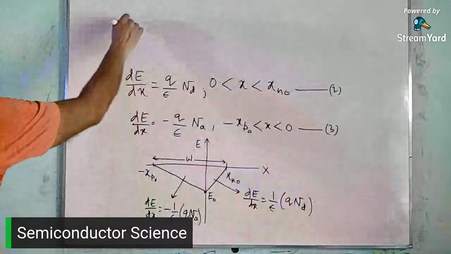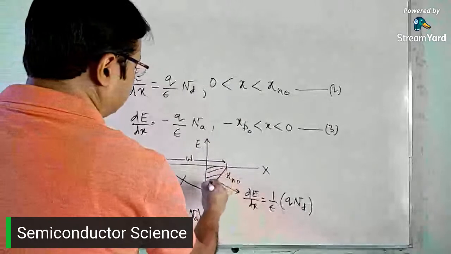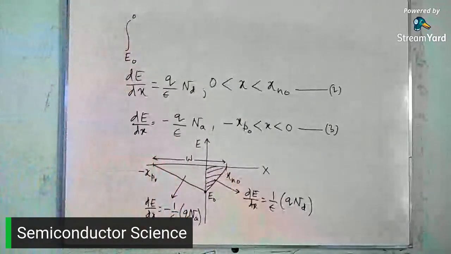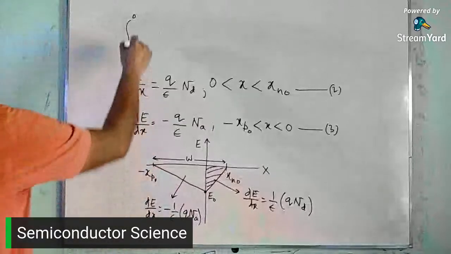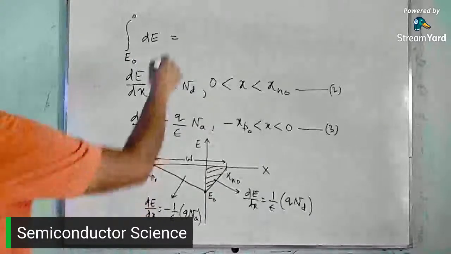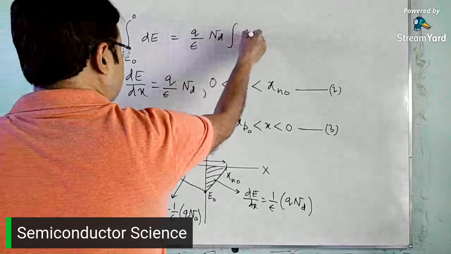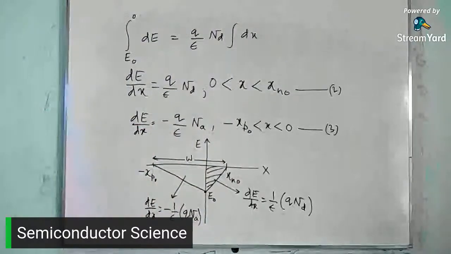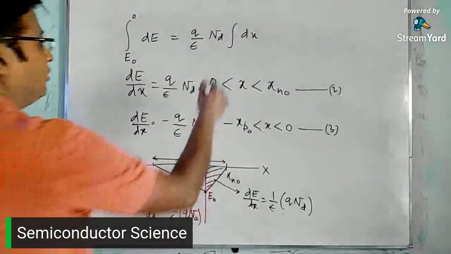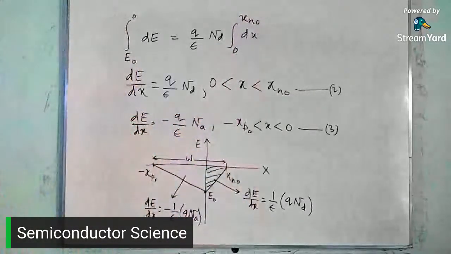So we can write the integral of dE from E0 to 0, which is considering this part, equals q by epsilon Nd times the integral of dx from 0 to xn0, for the region 0 less than x less than xn0.